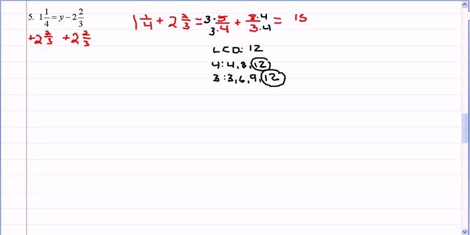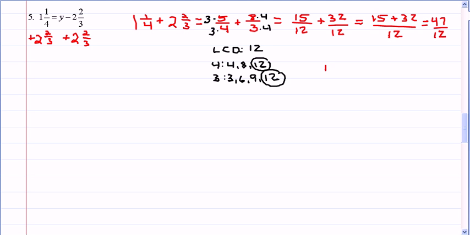And I rewrite both fractions as 15 over 12 plus 32 over 12, which is 15 plus 32 over 12, equal to 47 over 12.